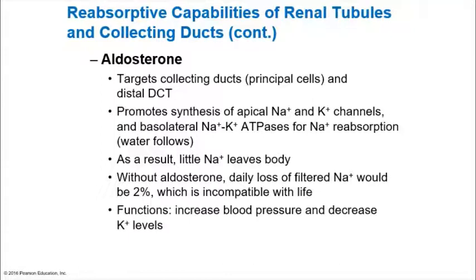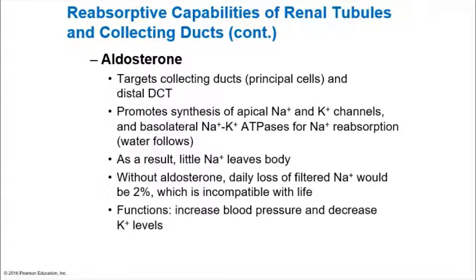How? Turns out aldosterone in the distal convoluted tubule will help you to promote synthesis of some of these protein channels. It will force the distal convoluted tubule to make protein channels to help with reabsorption. And we actually know which protein channel. Aldosterone will help you to make that sodium potassium ATPase at the basolateral surface.